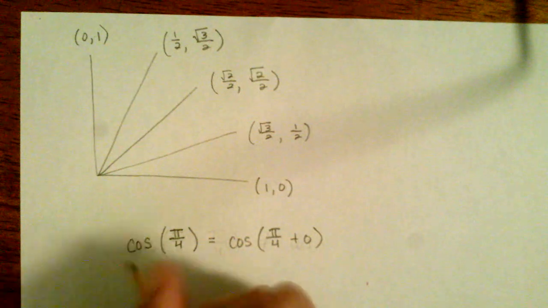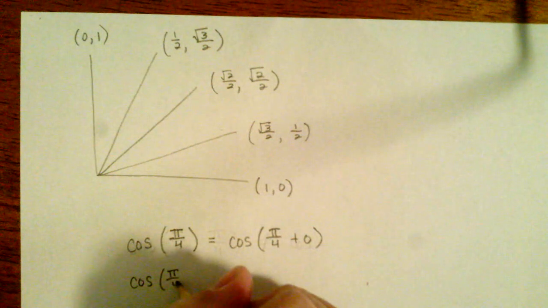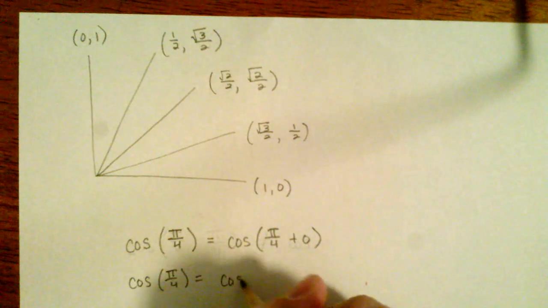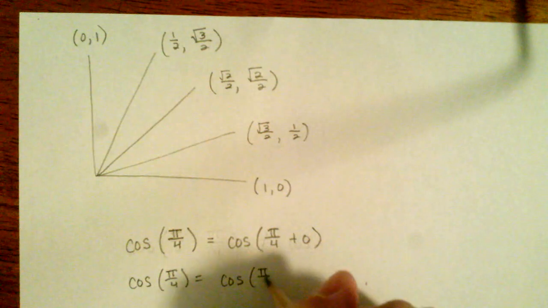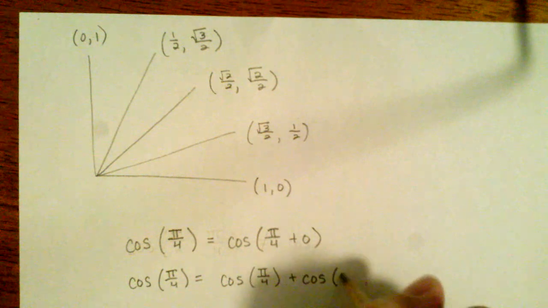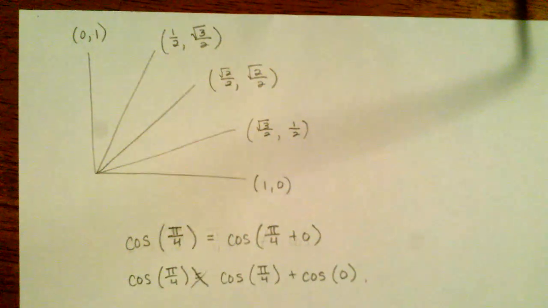But I want to show you that the cosine of an angle is not equal to the cosine of the first plus the cosine of the second. Okay, these are not equal.